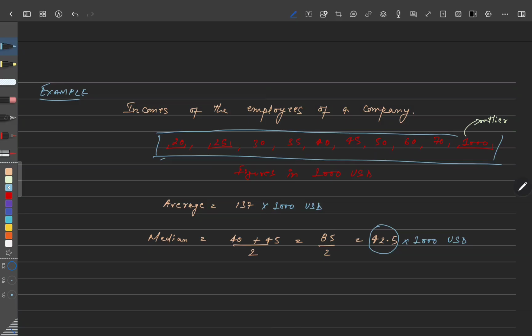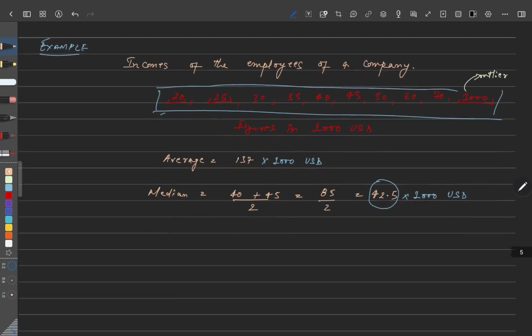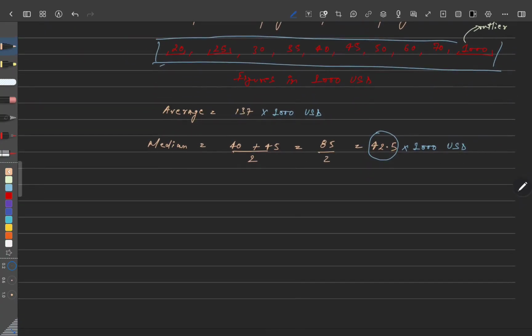Okay, let us take another example. Let us see now an example of ordinal data. What happens in case the data is ordinal? Ordinal data is data having natural order.